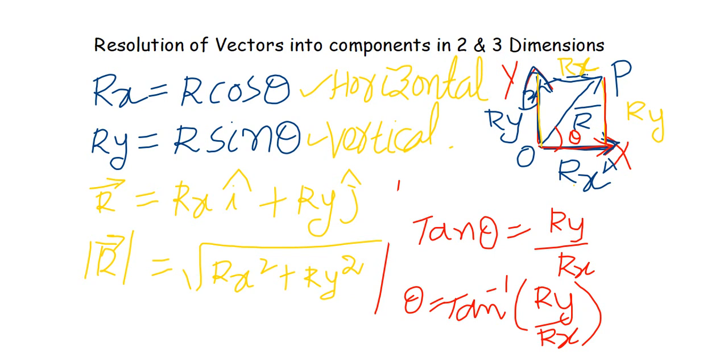Next one is a vector. Here is x-axis, y-axis, here is negative x, here is negative y-axis.